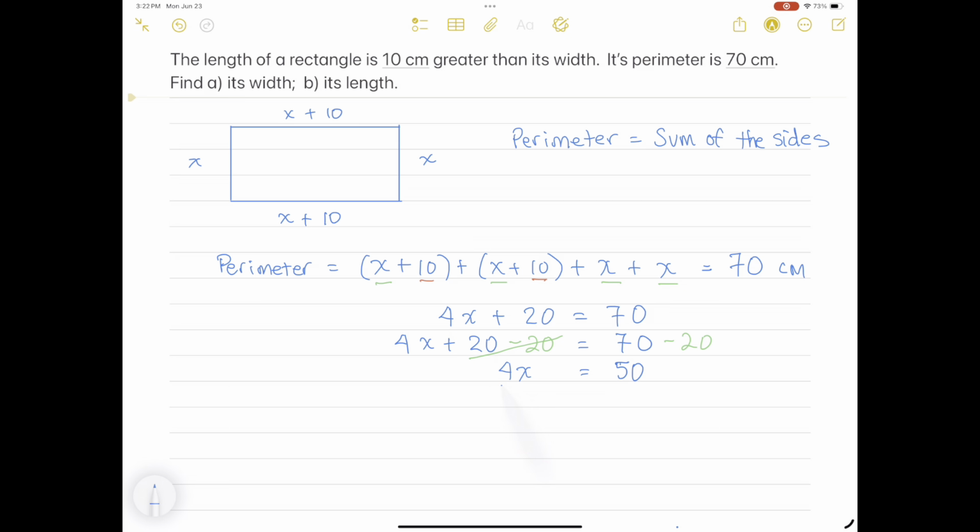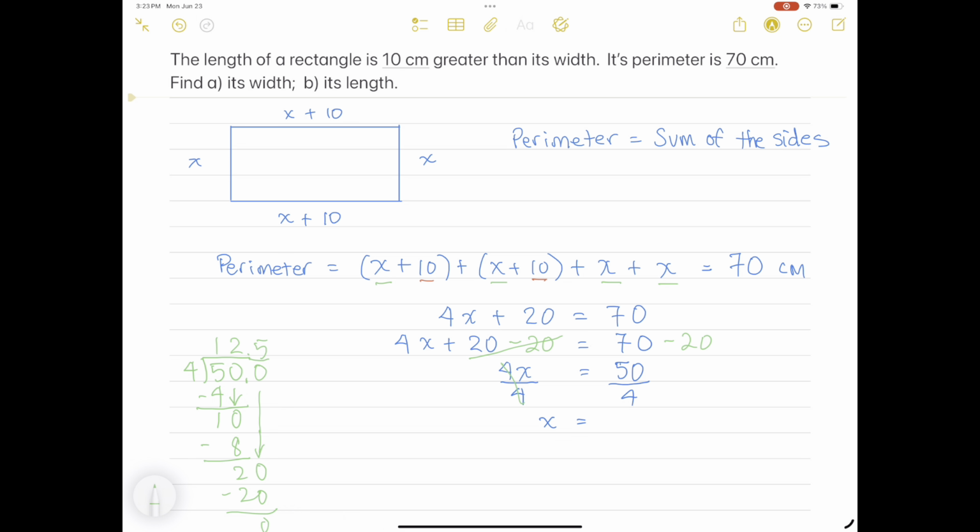So now I have 4x equals 50, and I divide both sides of the equation by 4 to get x by itself on the left-hand side of the equation, and 50 divided by 4, which I do as a calculation on the side. 50 divided by 4 equals 12.5, or 12 and a half.